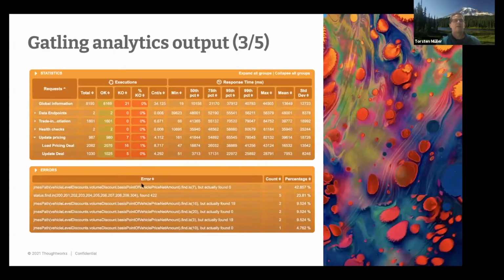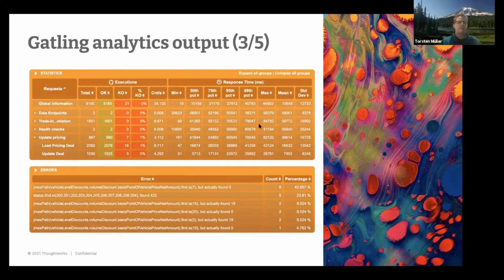And then here you can see the statistics overall for these scenarios. So you saw before that we have a scenario called update pricing. Now in each one of these, there are different sub-scenarios. So here we have the total number of executions, how many were okay, how many were not okay, the percentage, and the response times with percentiles, max, mean.